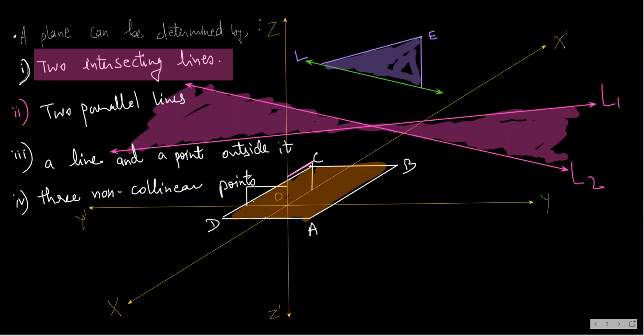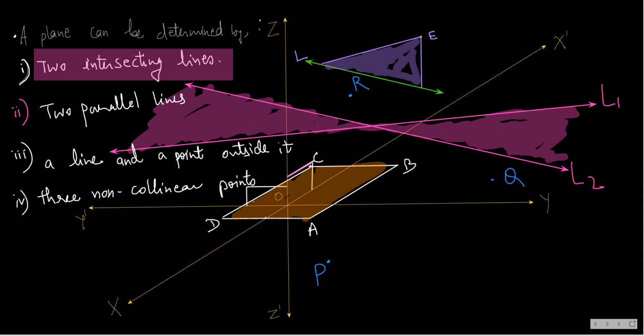For that, let me have three non-collinear points here. Say I have a point P, I have a point Q, and then I have a point R. Now see, these three points define a plane.